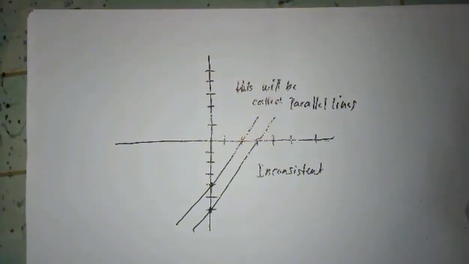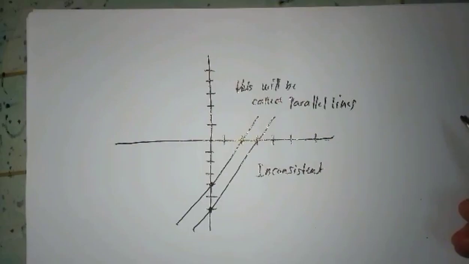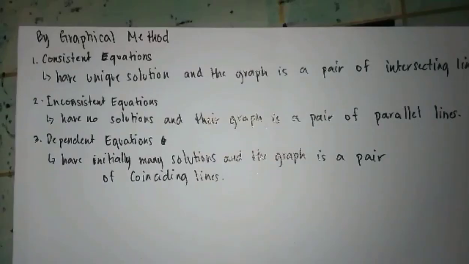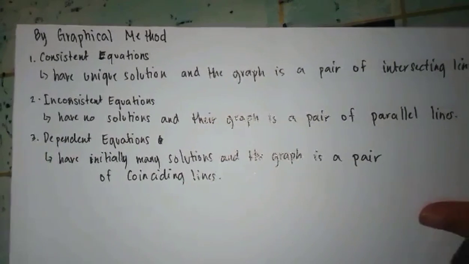And next is dependent equation. Dependent equation have infinitely many solutions and the graph is a pair of coinciding lines. So, let's have an example.